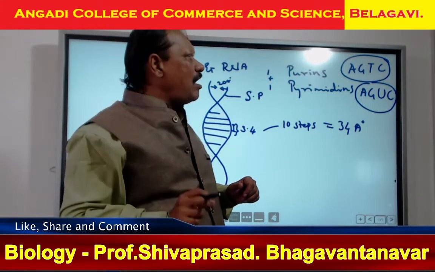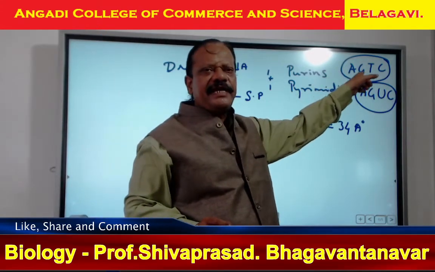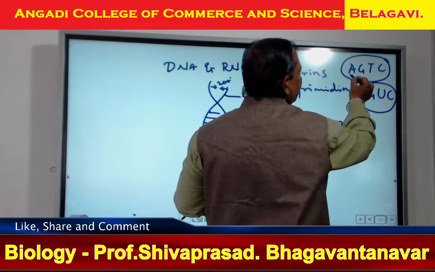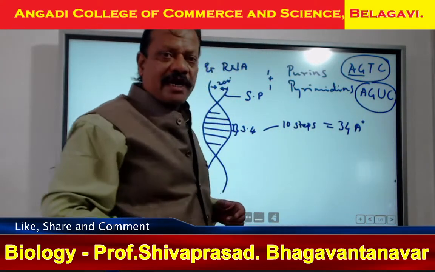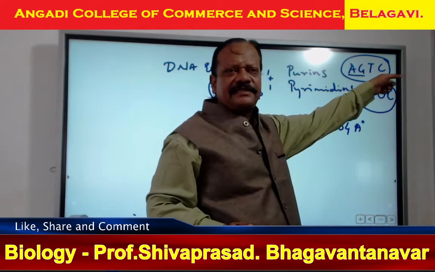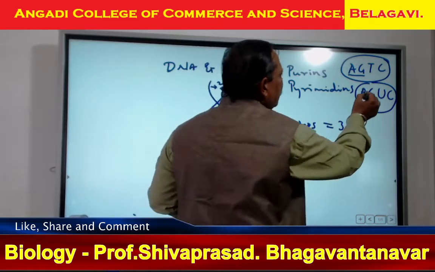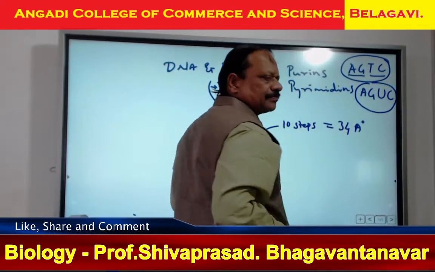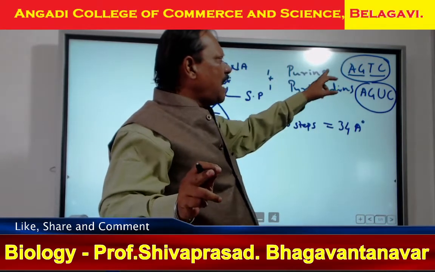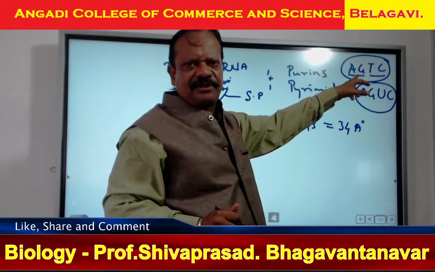So these are the combinations. The first two are called purines. A and G, that is adenine and guanine, form the purines. T and C, that is thymine and cytosine, form the pyrimidines. Two purines and two pyrimidines you are observing.